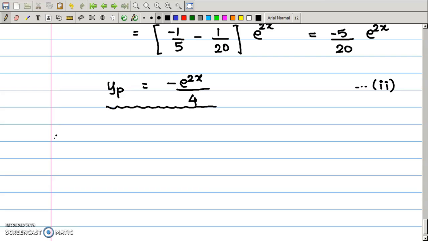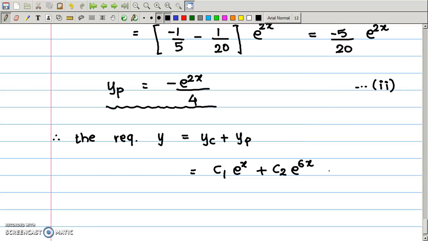Therefore, from 1 and 2, the required general solution is equal to complementary function plus particular integral. The complementary function was c1 e raised to x plus c2 e raised to 6x, and the particular integral is e raised to 2x upon 4.